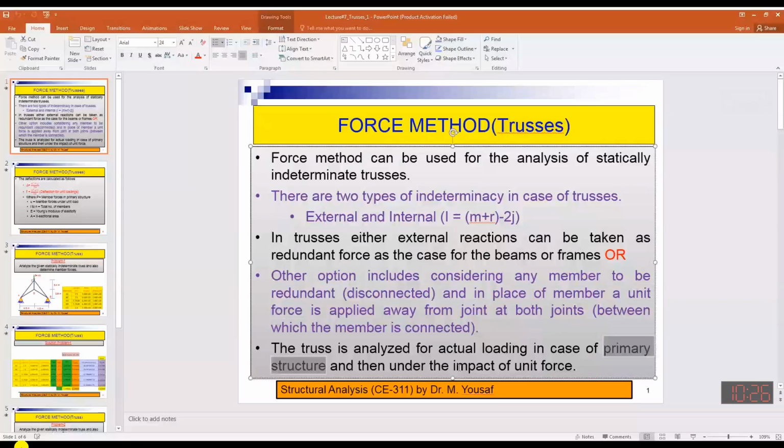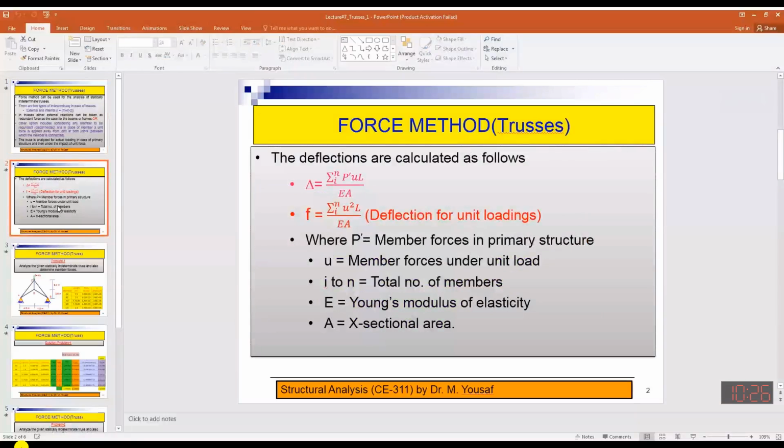Now, for the unit load method, this approach is available with us: summation from i to n, deflections are calculated in this way. This is force, as we have done earlier.